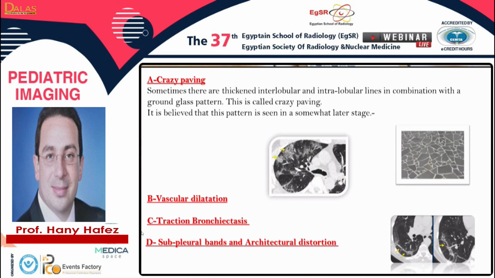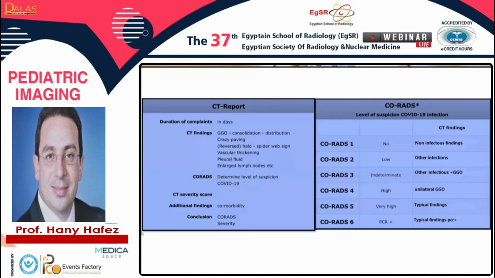Also, it may be a crazy paving pattern, strands within the consolidation, sometimes vascular dilatation, traction bronchiectasis, and subpleural bands. CT reports in COVID should include CT findings, the CO-RADS classification and CT severity score.